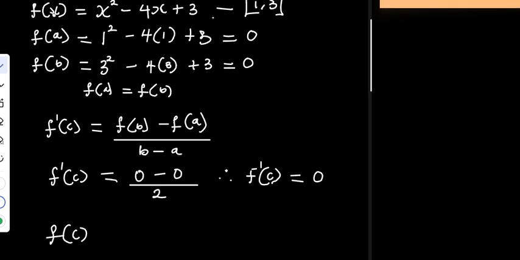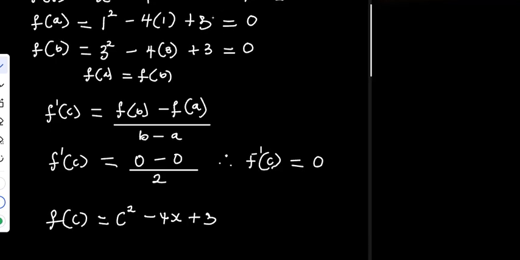F of c will be equal to c squared minus 4c plus 3.